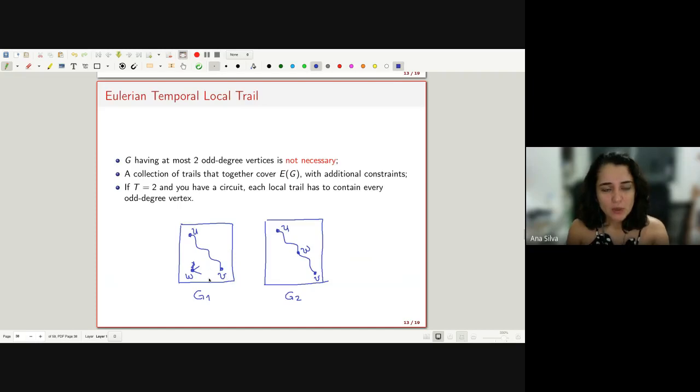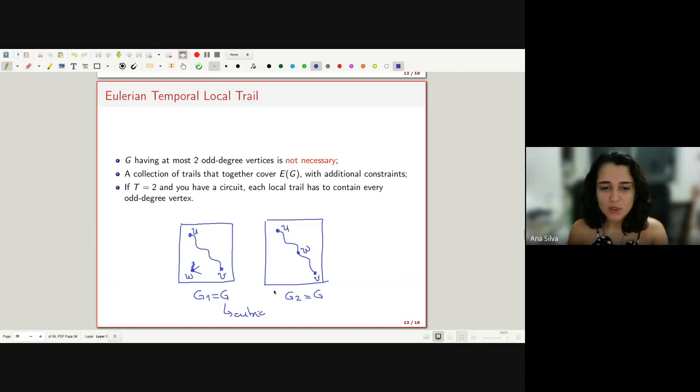Okay, so this observation gives us a strong hint that the problem is NP-complete, because if G1 is just G and G2 is the same graph repeated twice, and G is a cubic graph, then this observation means that I have to have 2 Hamiltonian paths that together cover all the edges of G. This sounds very hard.